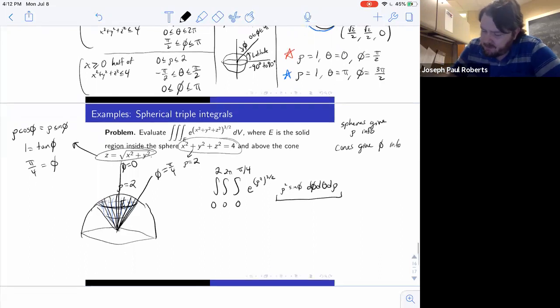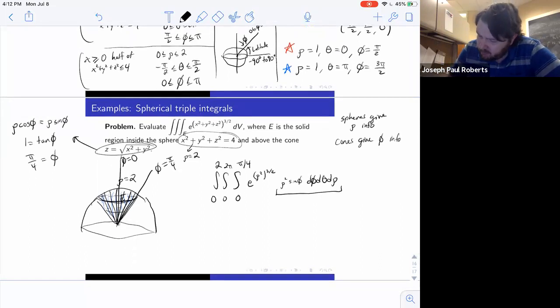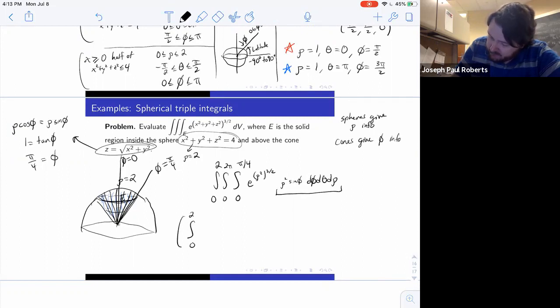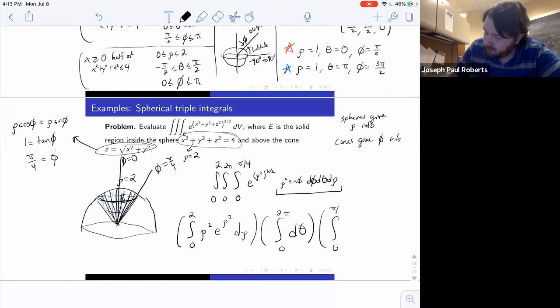But anyway, let's finish this off. So it looks like our bounds are all numbers. Our integrand is separable. So basically I could do 0 to 2 rho squared, simplifying my integrand, it's e to the rho cubed, d rho, and then 0 to 2 pi, d theta, and then 0 to pi over 4, sine phi, d phi.